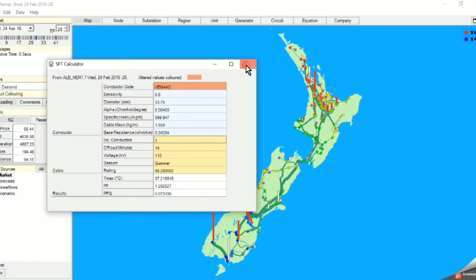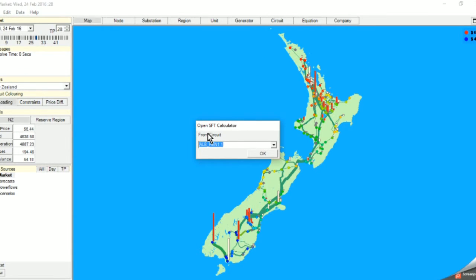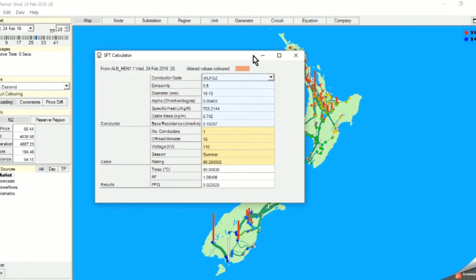I'm just going to close this down and bring up the default for that particular circuit, which is running between Albany and Henderson. So we have this particular conductor. I won't play around with that. But what happens if I add, for example, an extra conductor, that's called duplexing, this particular circuit?